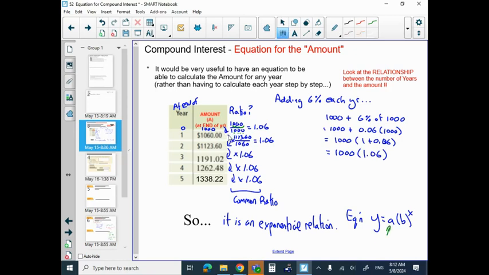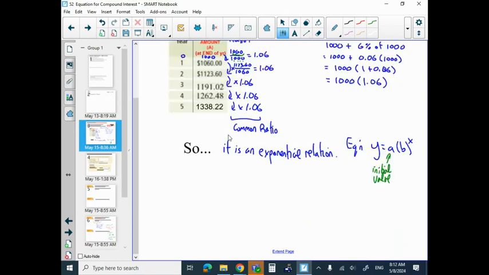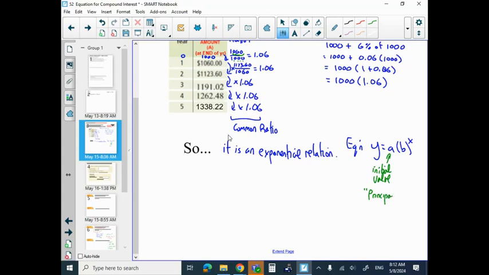This is your initial value, which in financial situations we call the principal. So your initial value, which in this case is the principal. You have in here your common multiple, just like before, right?